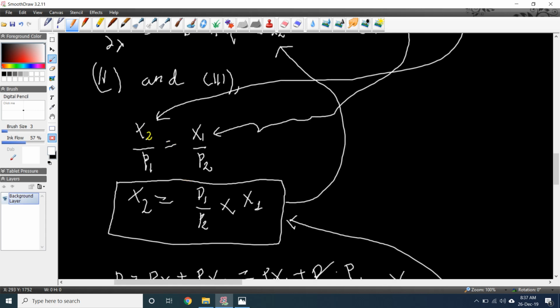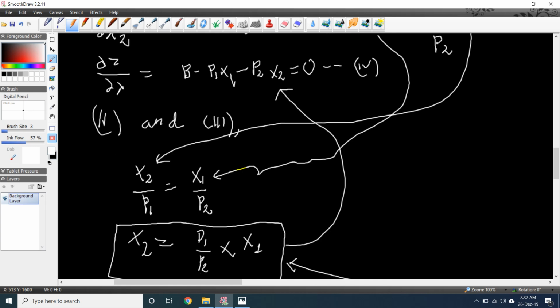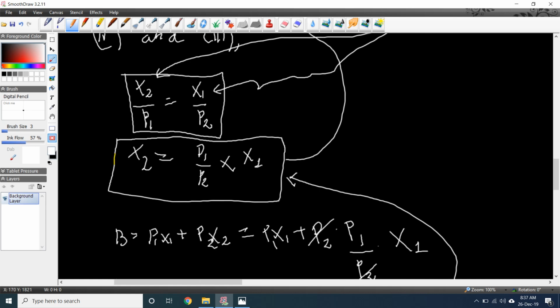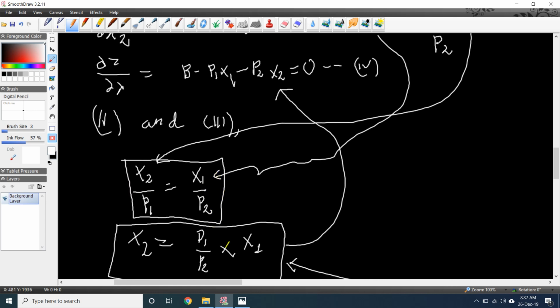And now, solving for lambda, we get the consumer's equilibrium, and from here we find the value of x2 and substitute it in our equation 4.